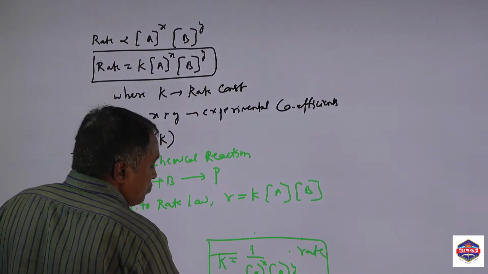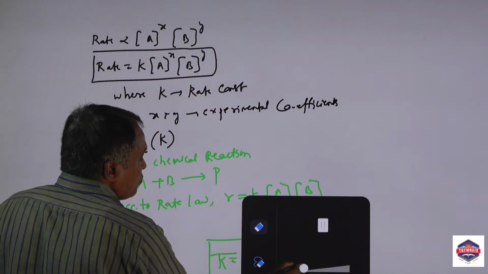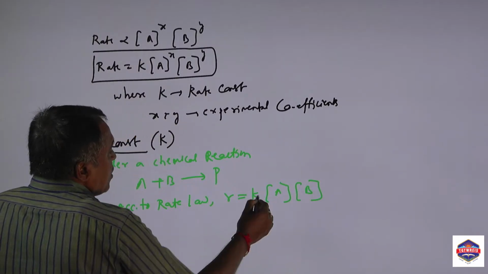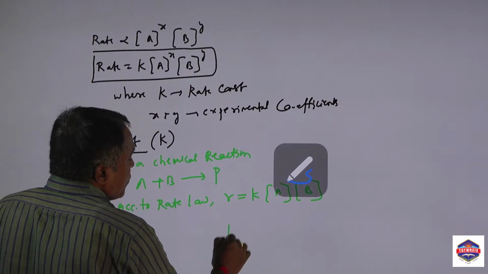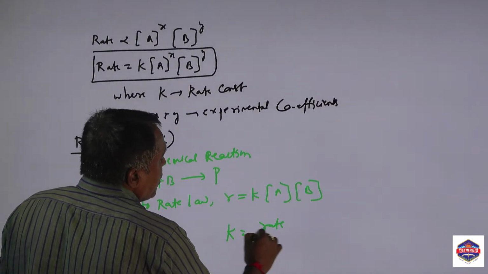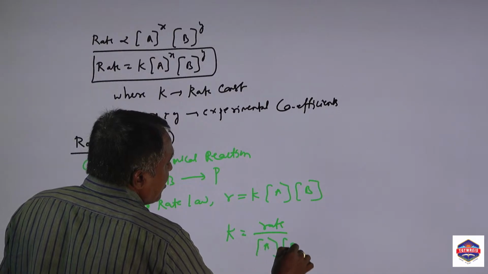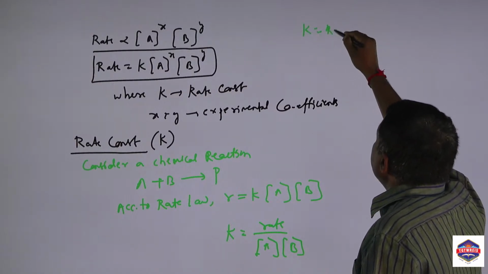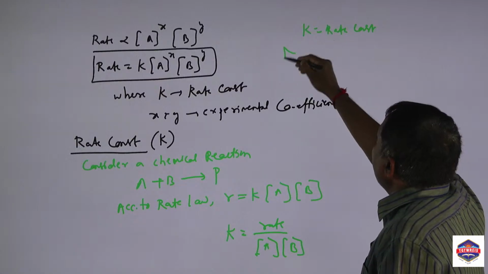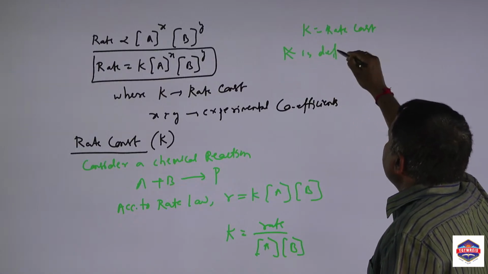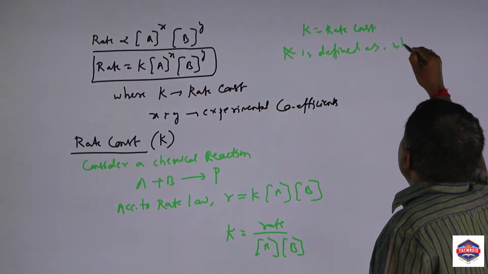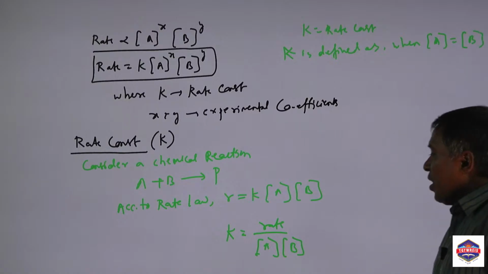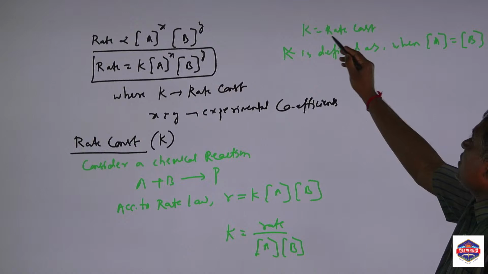Now k is equal to rate by concentration of reactant A into concentration of reactant B. Now how can we define k? k is the rate constant. So k is defined as, when concentration of reactant A equals reactant B. This is the definition of rate constant.